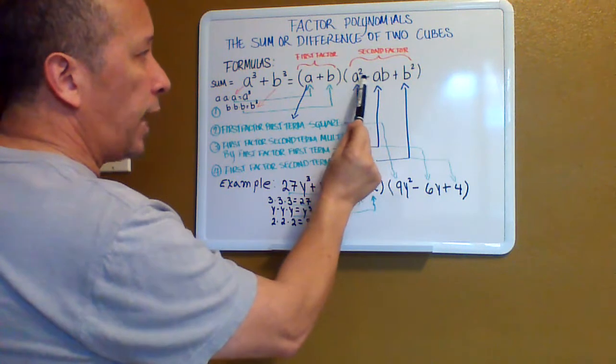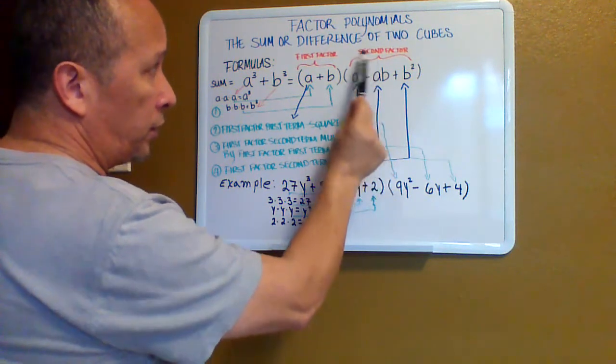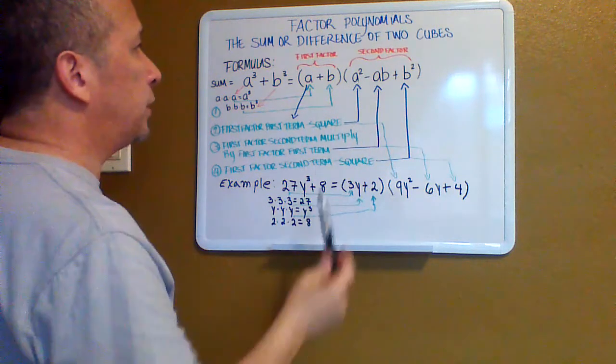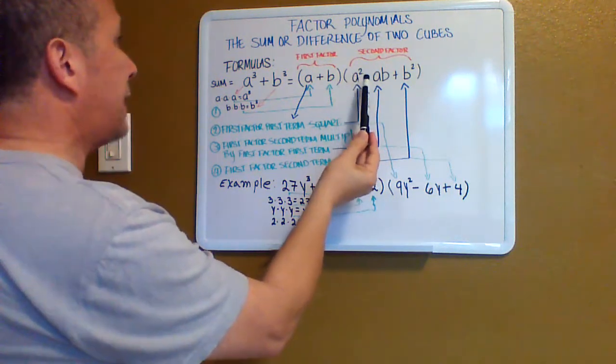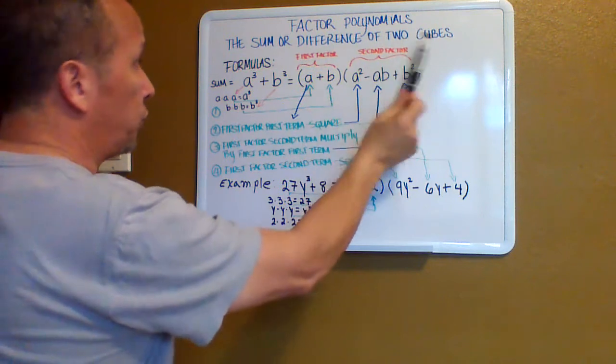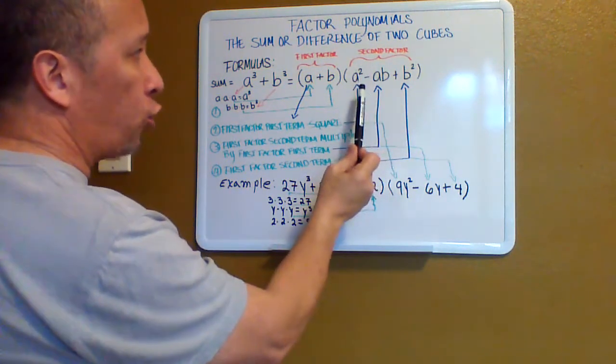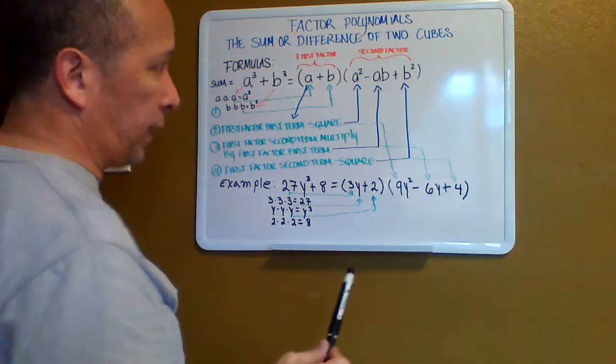Look that the sign of the second term of the second factor is a negative sign. That's very important that you remember that in a sum of two cubes, the second term of the second factor always will have a negative sign.